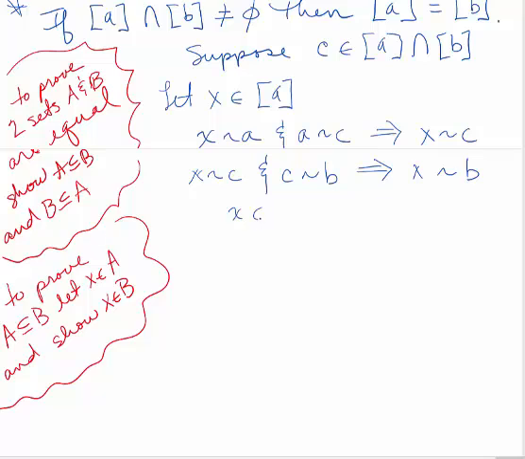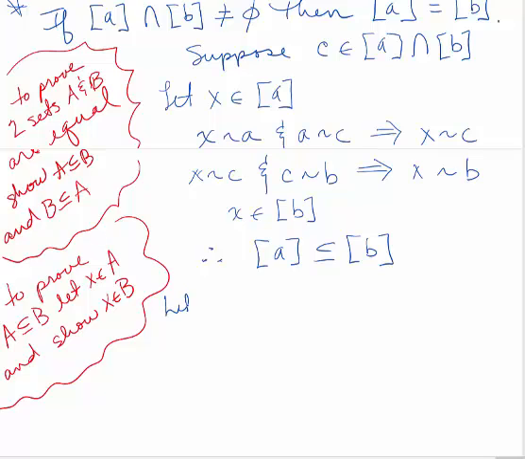Therefore, X is an element of the equivalence class of B, and we can conclude, therefore, that the equivalence class of A is a subset of the equivalence class of B. Notice I followed exactly what I had in red. I wanted to show that two sets are equal, so I have now proven that the equivalence class of A is a subset of B. And you should be able to do the rest on your own.